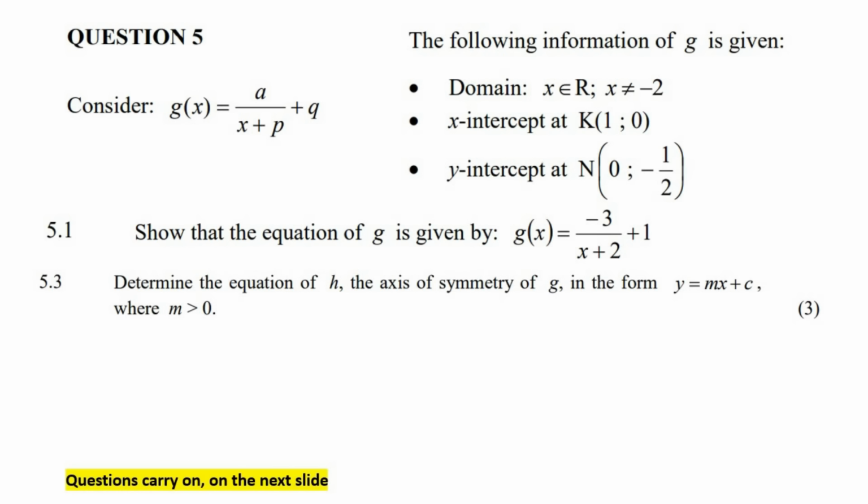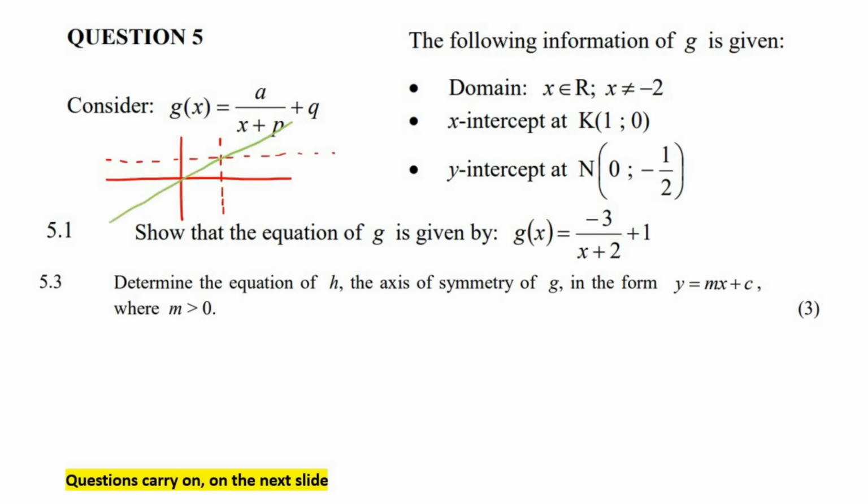This question says, determine the equation of h, which is the axis of symmetry of g. We know that if you have a hyperbola with asymptotes over there and over there, we've got these equations of symmetry for any hyperbola.